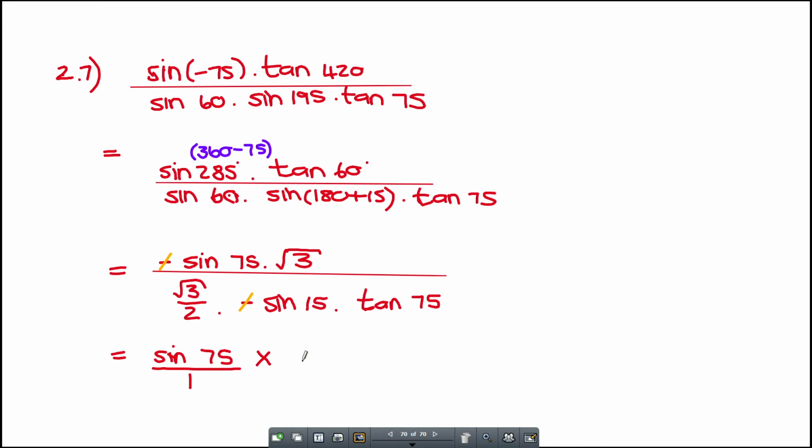So it will become 2 over square root 3 times sin 15, maar nou gaan dit raak 1 op sin 15, times, and tan 75 is actually sine over cos, maar nou moet ons hom switch, omdat ons daai gedeelte helemaal omgedraai het. So, cos 75 over sine 75. Is julle nog by?